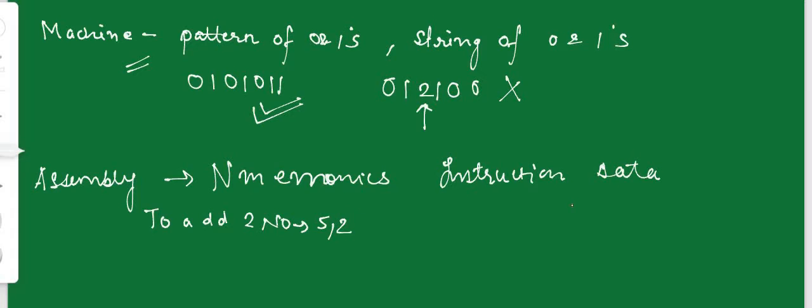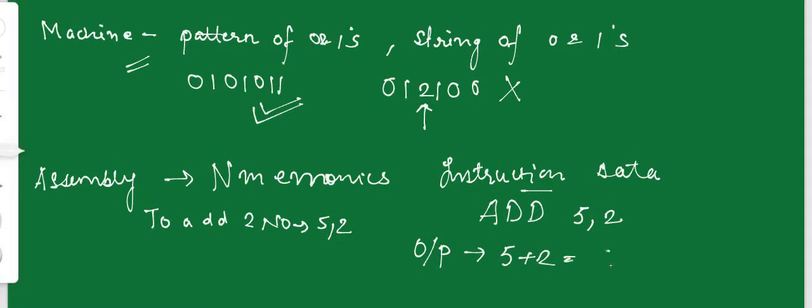You simply write add, which is the instruction, and then data. Data is your 5, 2. Now the output of this is going to be 5 plus 2 equal to 7. So the computer is going to display 7 on the screen.